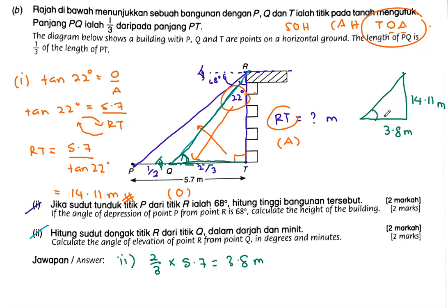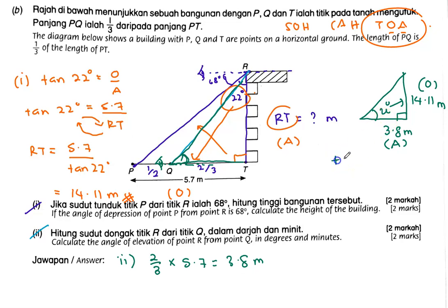Now we are required to find the angle x. I'm going to name this angle as x. Thus, this is the opposite, this remains the hypotenuse, and the line here is your adjacent. For angle x, this is the opposite line, and this is the adjacent line.